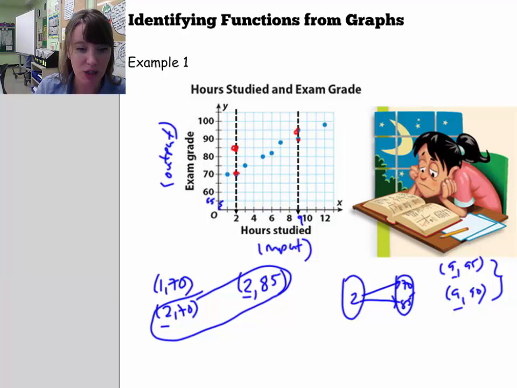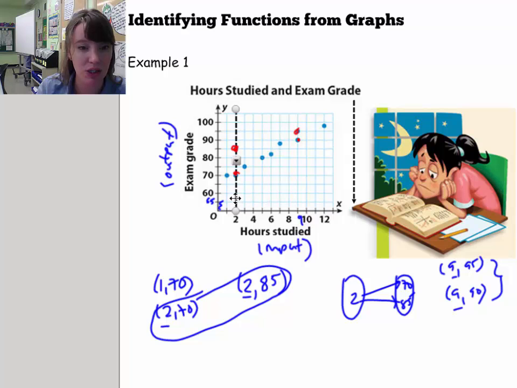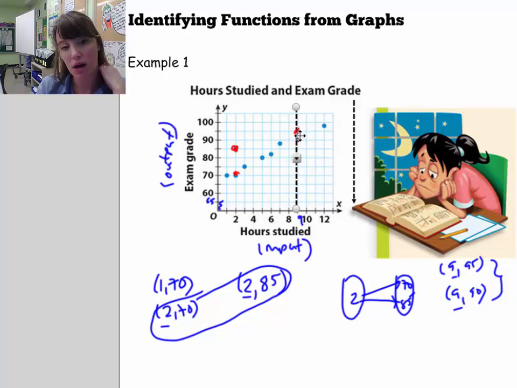So what we can actually do is take a vertical line and use that as a way to check if the relation is a function. If we draw a vertical line across all the dots, and at any point these dots are all along the same vertical line, it means that the entire relation is not a function.